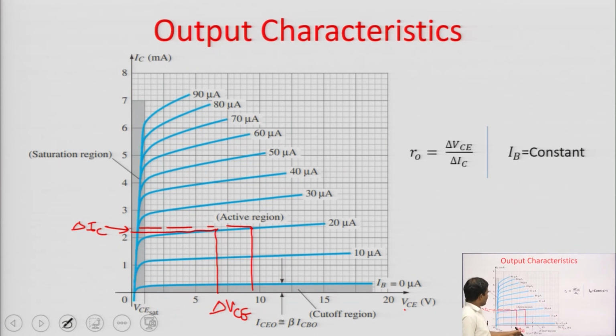Then output resistance is the ratio of change in output voltage and change in output current, but here IB remains constant, that is at 20 microampere. So this is the value of the output resistance.